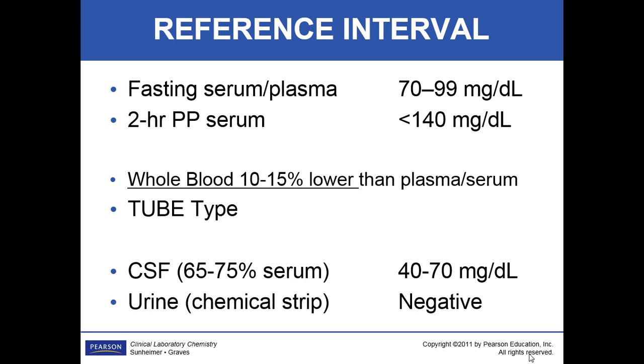So whole blood should be less. Not a lot, and this says 10 to 15%. So if I did a meter and got 90, and the lab collected a venipuncture and spun it down and did it on the plasma and got 100 or 105, I'm fine. Okay? Yeah, I did put 2 type on here.